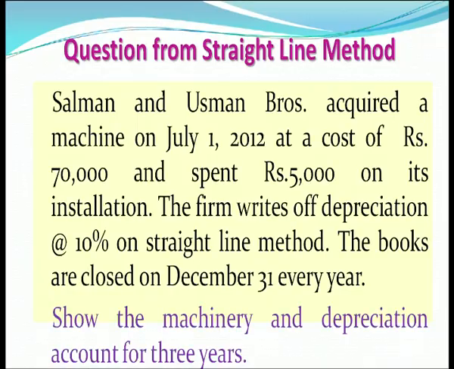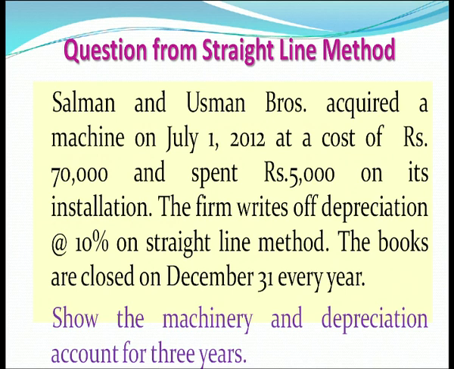Now let us proceed further and take an example on the accounting methodology. Salman and Usman Bros acquired a machine on 1st July 2012 at a cost of rupees 70,000 and spent another 5,000 on its installation. The firm writes off depreciation at 10% on the straight line method.